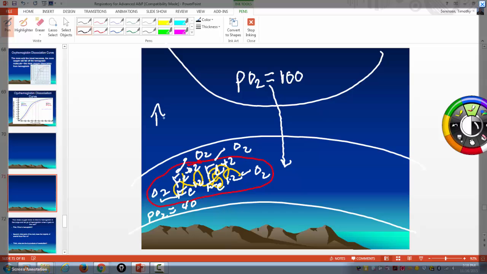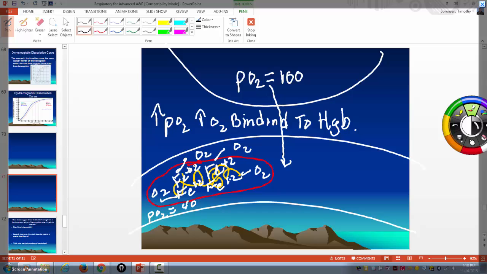So high PO2 makes oxygen want to associate with the iron on hemoglobin. So high PO2 increases oxygen binding to hemoglobin. And that's what you want, right? You want the oxygen to bind to the iron on hemoglobin in the alveoli and the pulmonary capillaries, right?